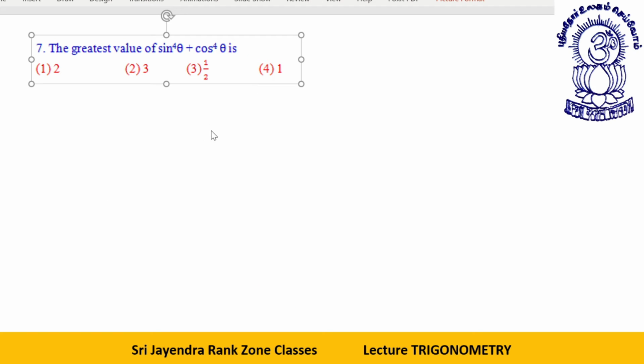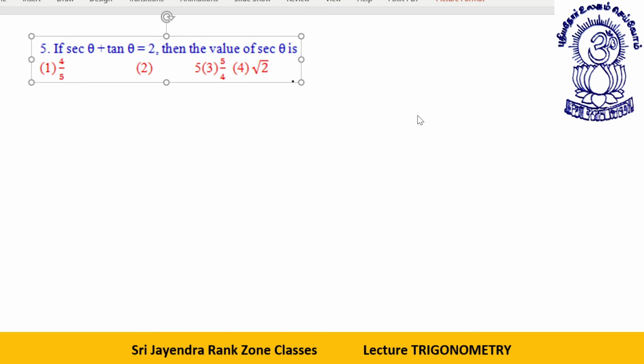Next one. Sec theta plus tan theta is equal to 2. This is x.